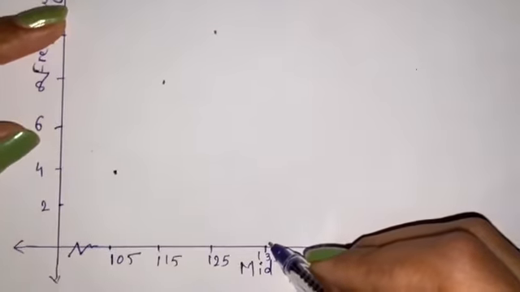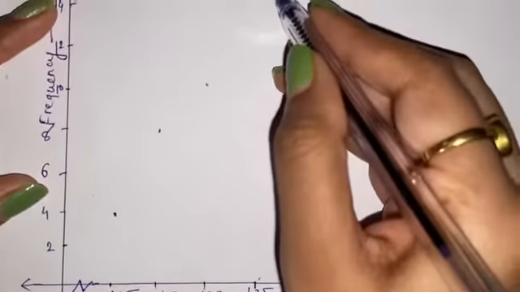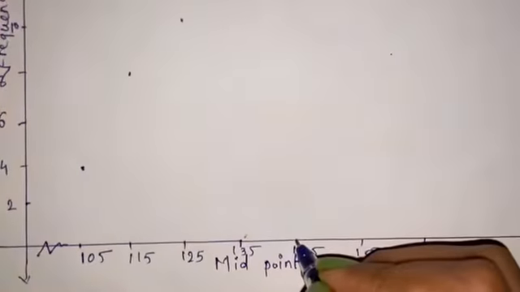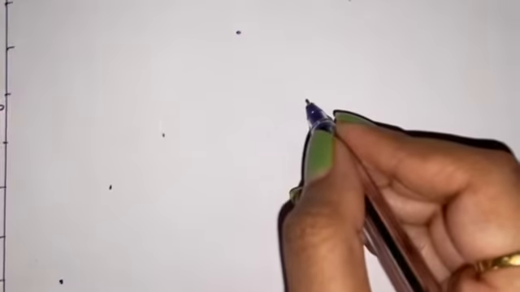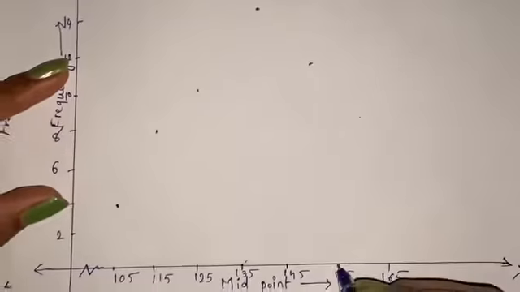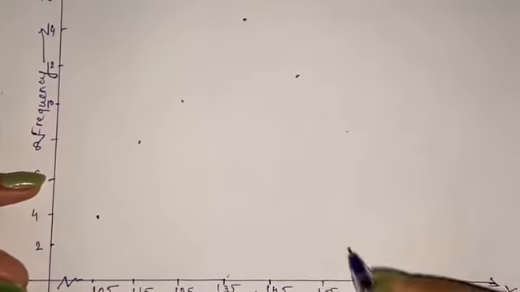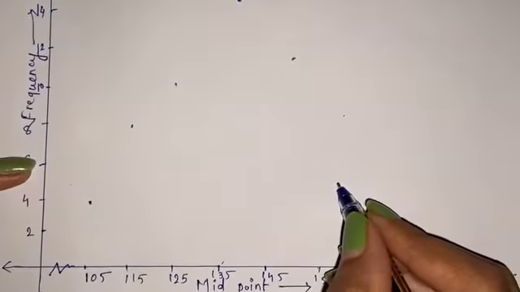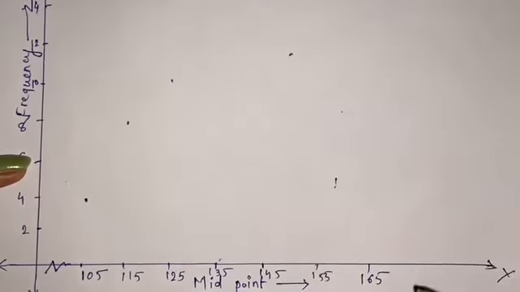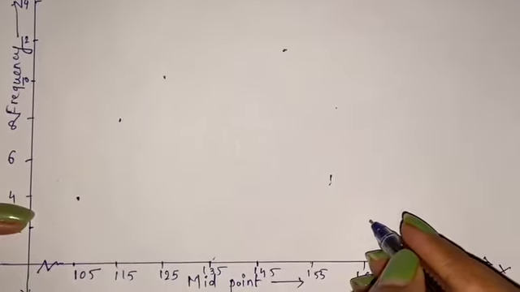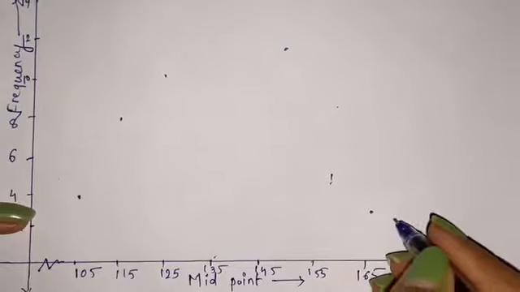At 135 I will have 15 here somewhere. Then at 145 I will have 12, then at 155 it will be 6 here, and at 165 it will be 3 here somewhere.